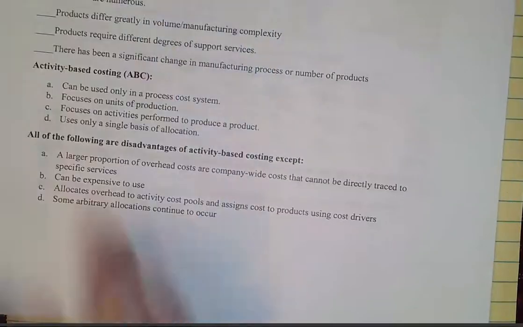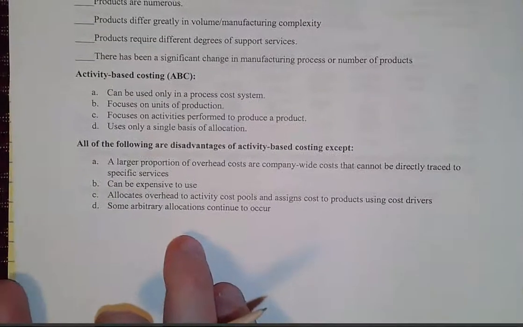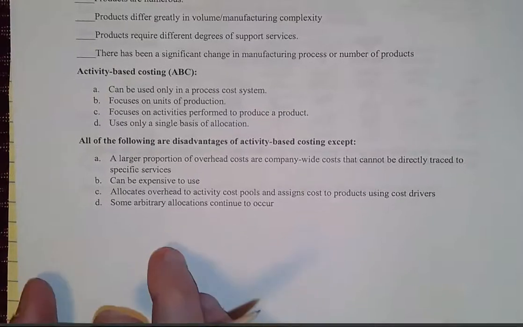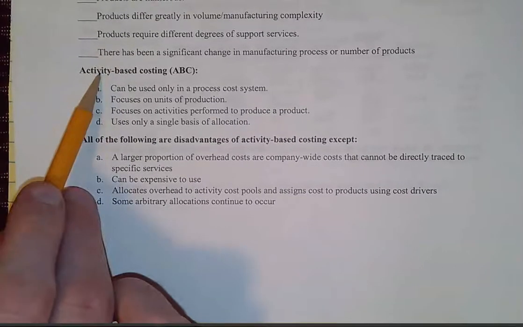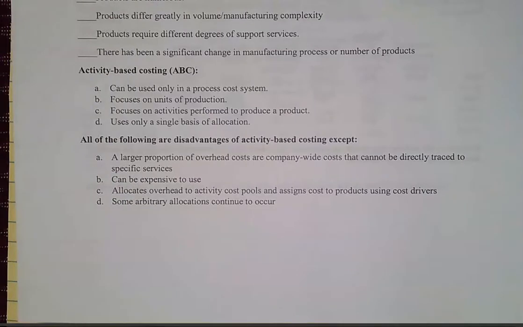Let's jump down and look at some additional questions here. Right here it says activity-based costing, ABC, can be used only in a process cost system. Focuses on units of production. Focuses on activities performed to produce a product.